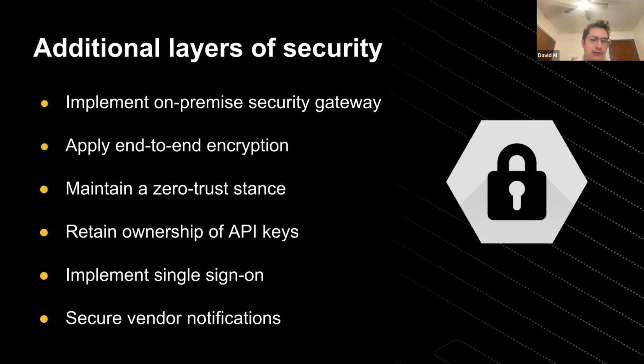We call it the on-premise security gateway, where we let you run a server on your premise that retains your API keys, and any calls made through Transcend only deal with encrypted data, with API keys held within your cloud account or on-premise environment.